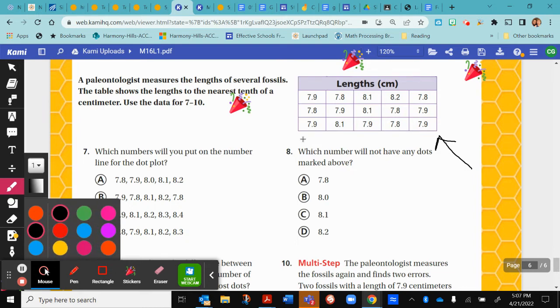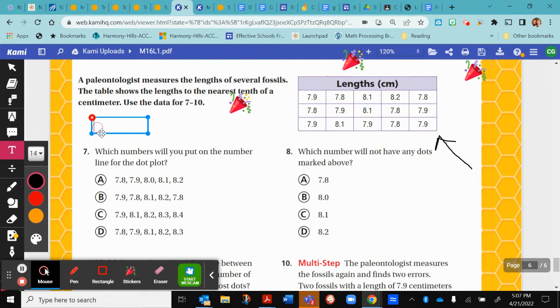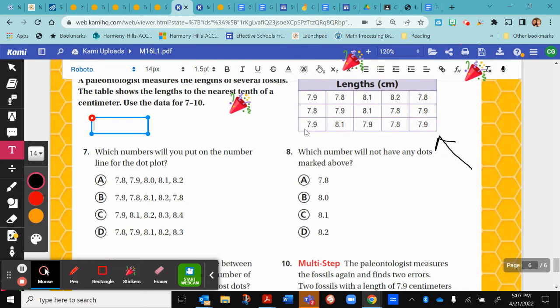On this one right here, I'm going to start with the smallest number. And I think I'm going to just go ahead and circle. Start with the red. So it looks like I have 7 and 8/10 is the smallest number.